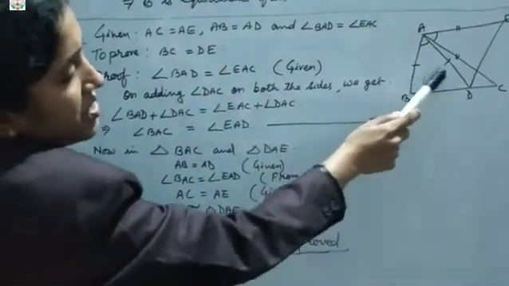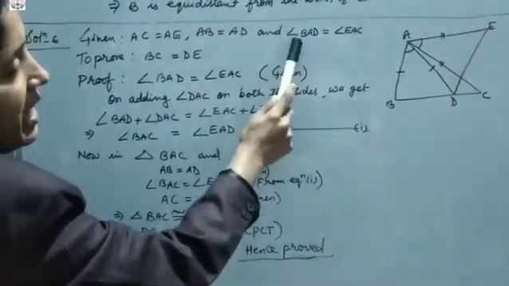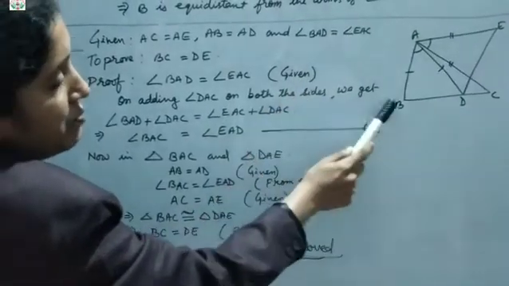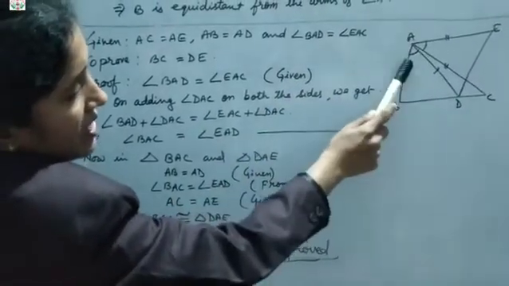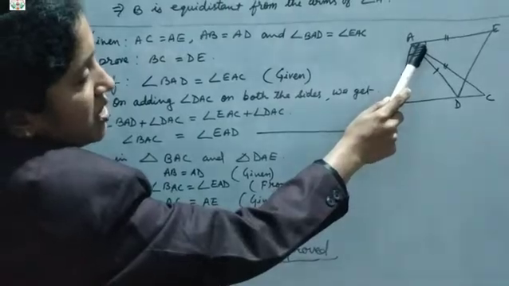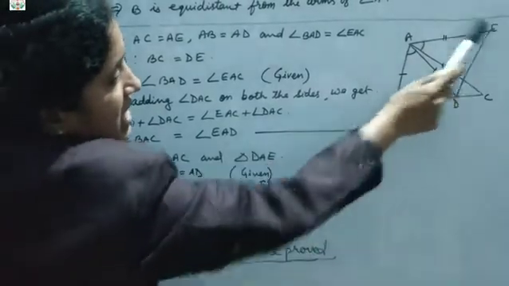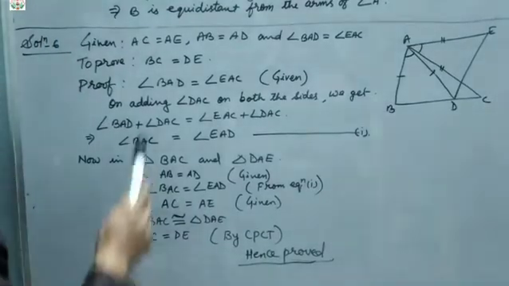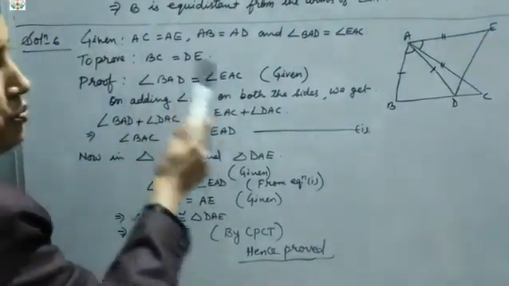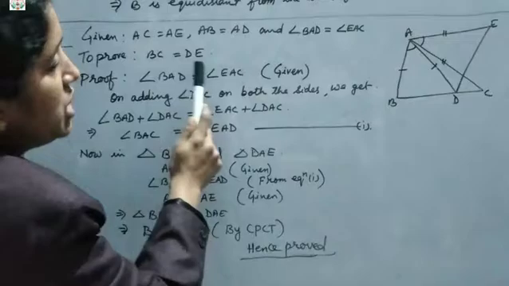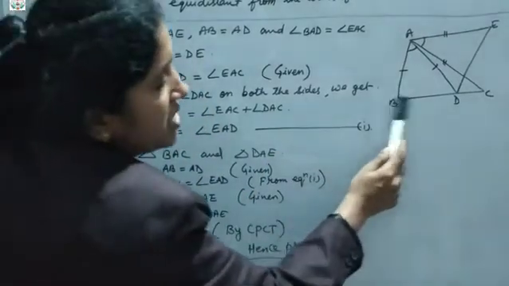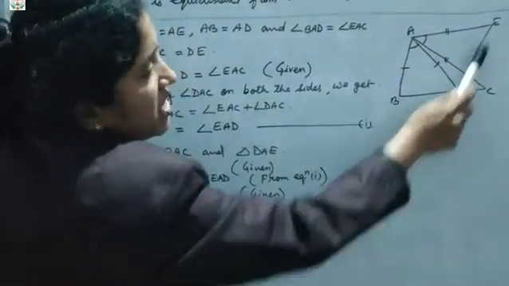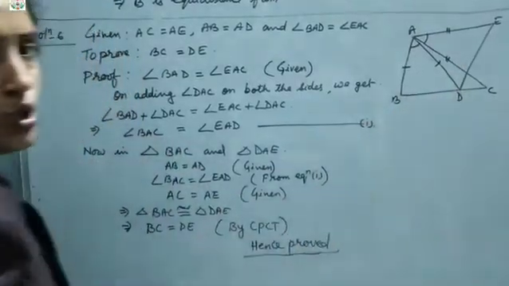This one AB is equals to AD, and angle BAD, this angle is equals to this angle, that is EAC. These two angles are same. Okay, so now to prove what? We have to prove that BC equals to DE. This BC is equals to DE. This we have to show.